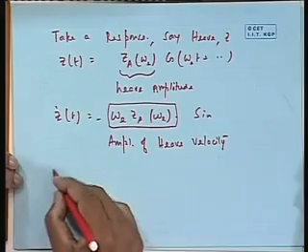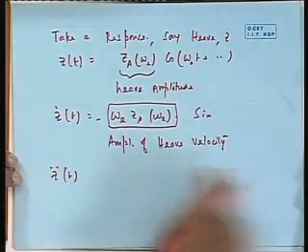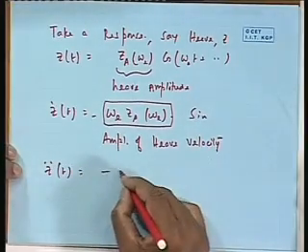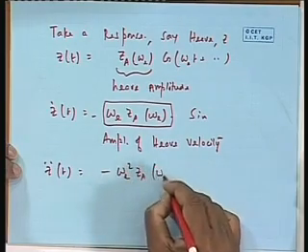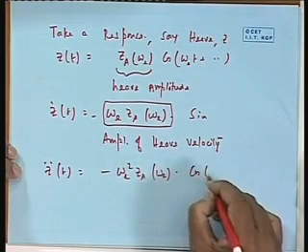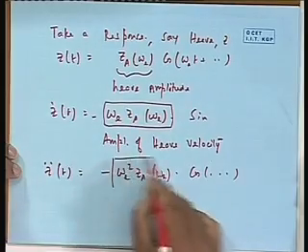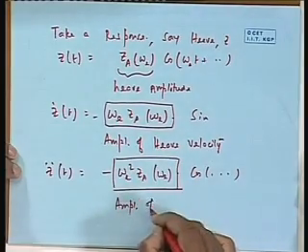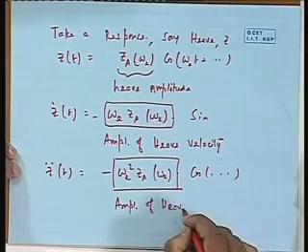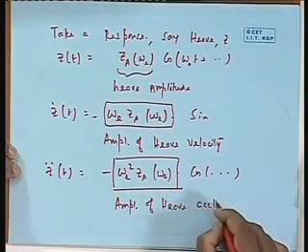Now what is Z double dot(t)? This is going to be minus, forget the minus part, omega_e square Z_a into say cos of something. So this becomes my amplitude of heave acceleration.